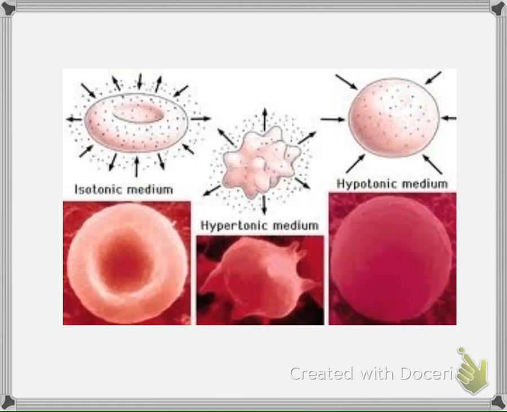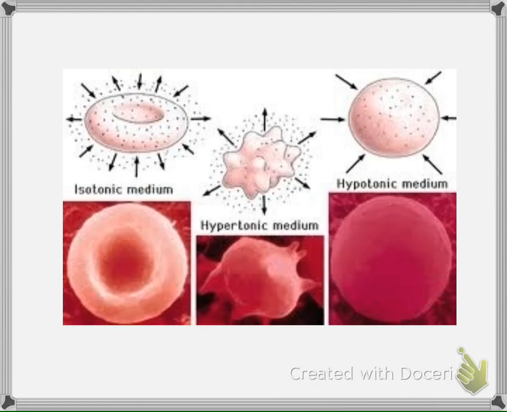So if the solution is not isotonic, hang on, I went back a slide, if you have a hypertonic solution, what does hyper mean? It's more, okay? If the solution is hypertonic, that means the solution is higher concentration than the red blood cells.